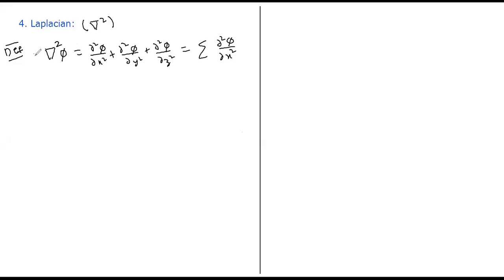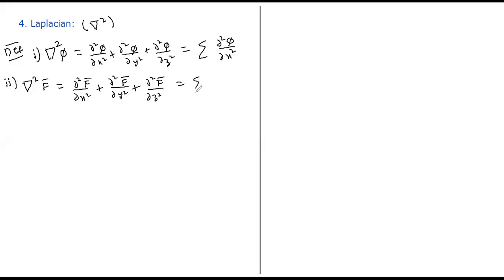Okay, so there is one more definition, because Laplacian can be applied on vector functions also. Del square f bar is simply dou square f bar by dou x square plus dou square f bar by dou y square plus dou square f bar by dou z square.